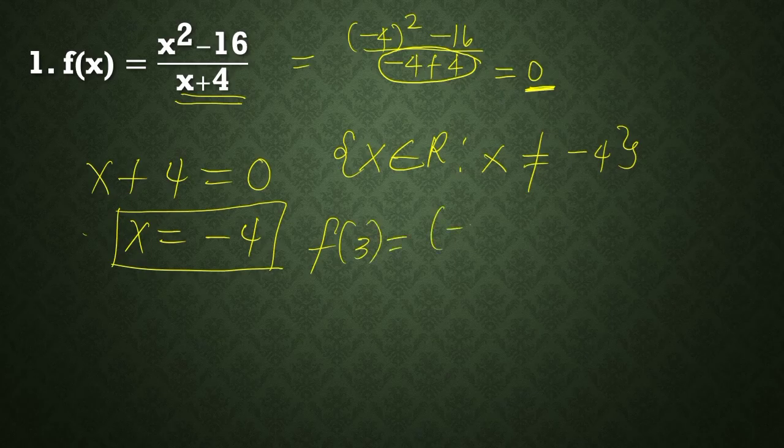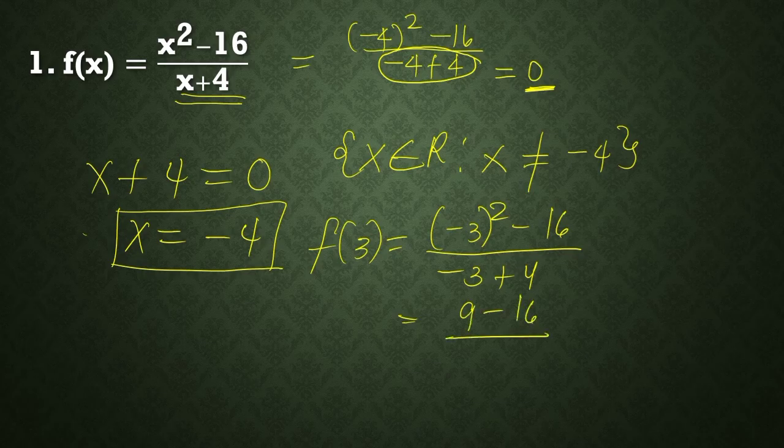So, negative 3 squared minus 16 all over negative 3 plus 4. So, negative 3 squared, that is 9, minus 16, all over negative 3 plus 4, that is 1. So, subtracting 16 from 9, that is negative 7, over 1, the answer is negative 7.